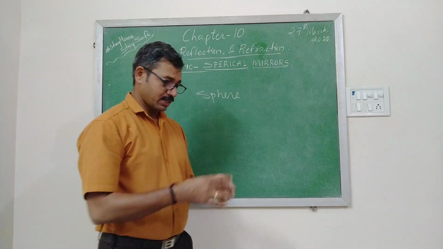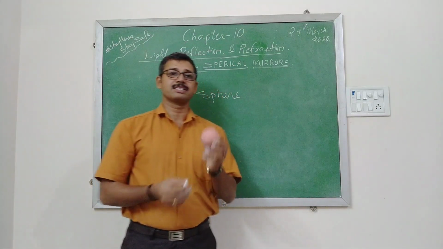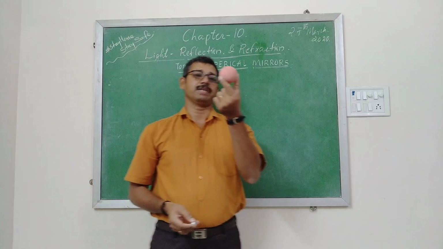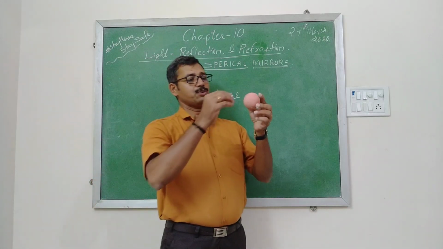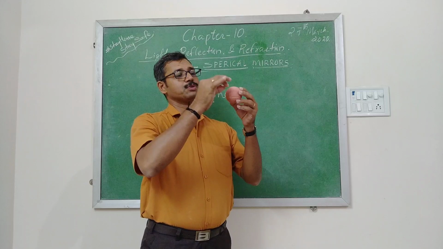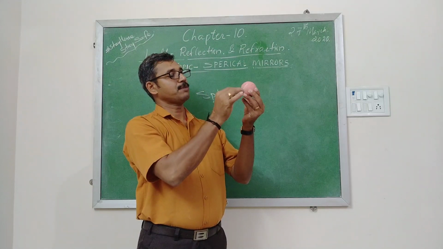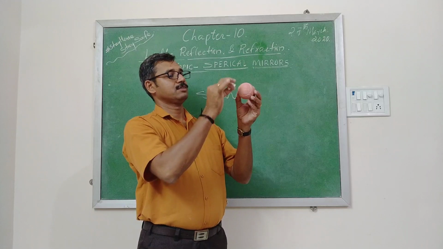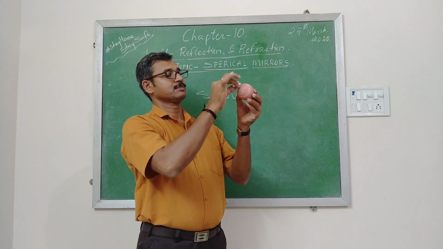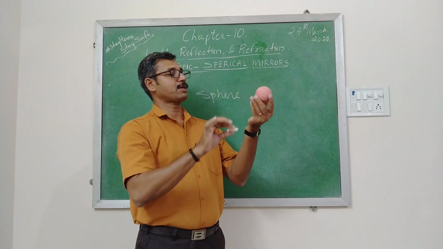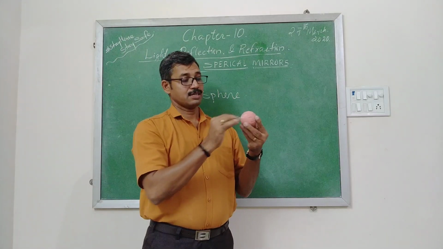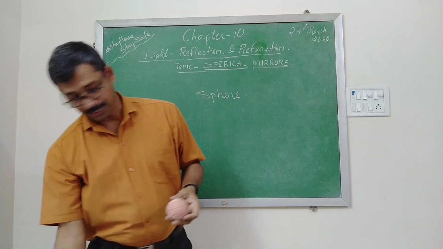Again, for the purpose, I am going to consider a small sphere. Here I am going to take a part of it. Fine, I took a part of it. Now I am going to cut it.